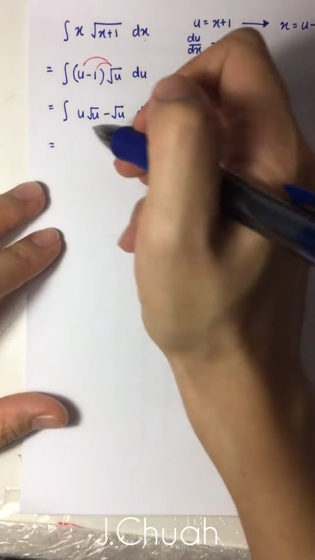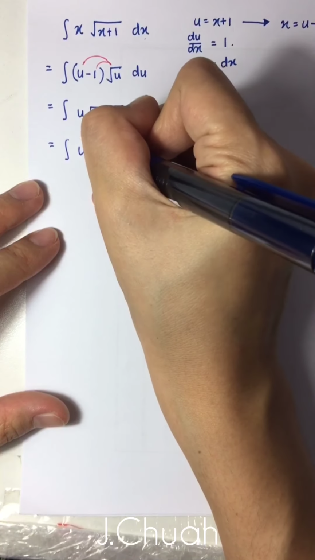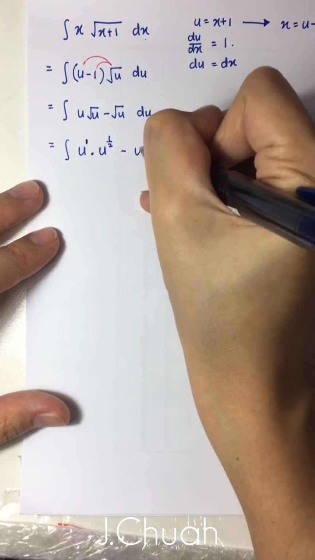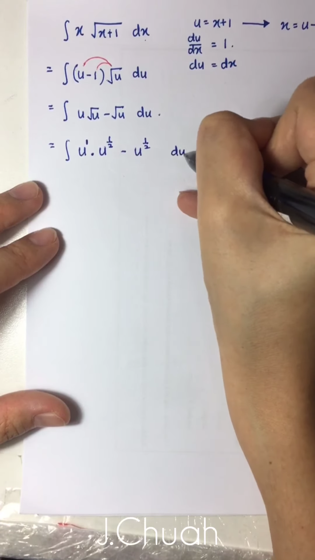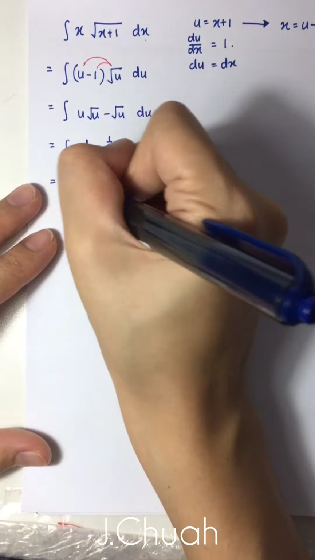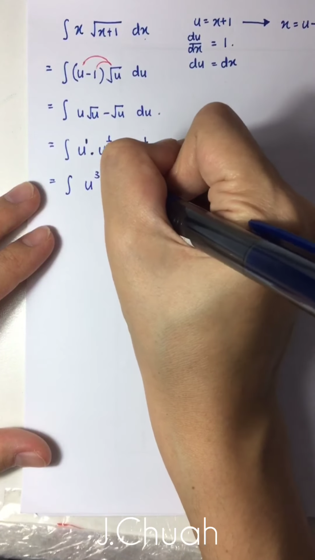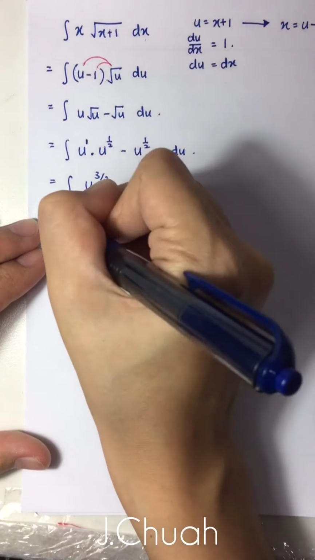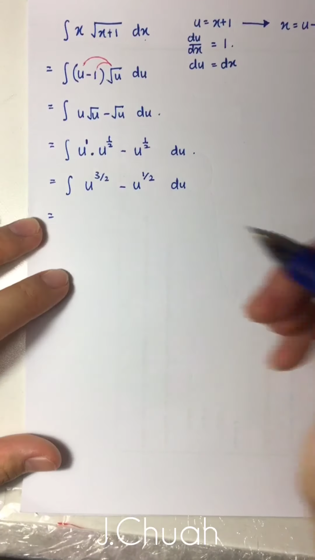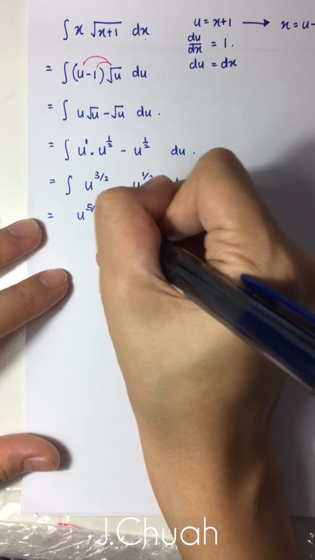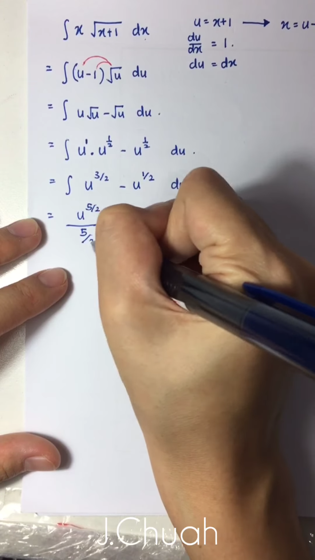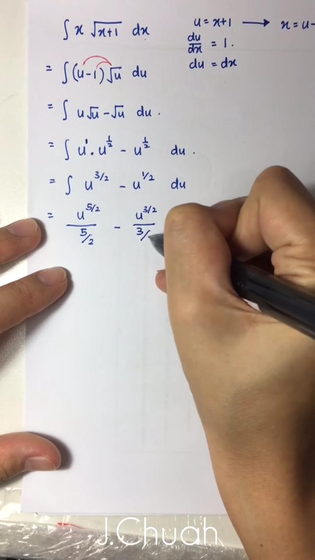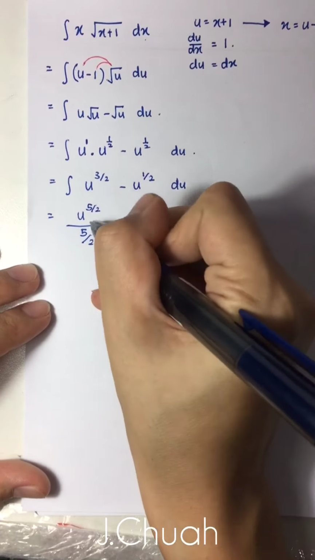These are actually of the same base, so you can have u to the power 1 multiplied with u to the power half, minus u to the power half du. So this one will be u to the power of 3 over 2 minus u to the power of 1 over 2 du. And you can easily integrate this to be u to the power of 5 over 2 over 5 over 2 minus u to the power of 3 over 2 over 3 over 2 plus c.